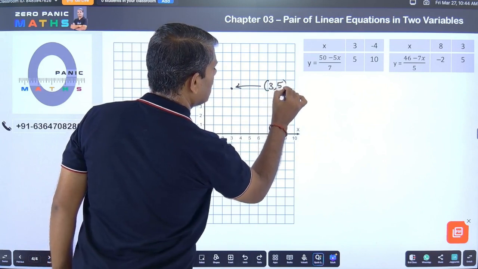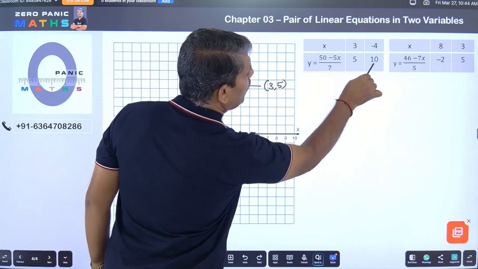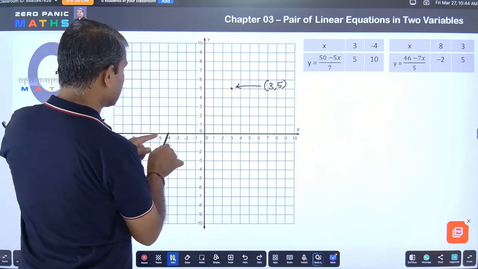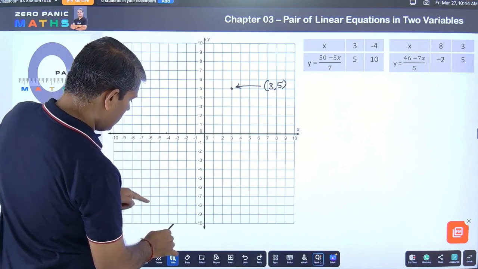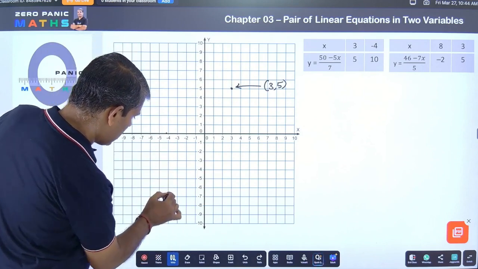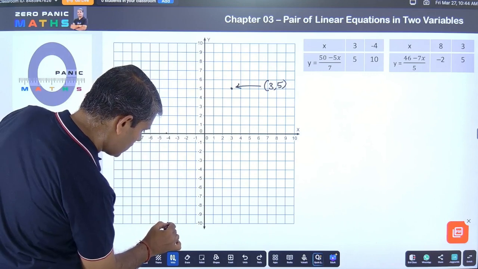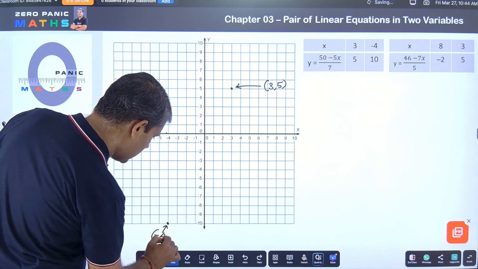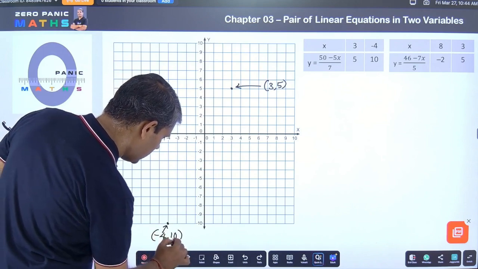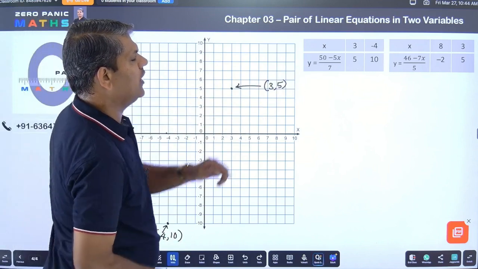Minus 4 and 10. Minus 4 is the x coordinate and my 10 is this. Okay, this is that point. Minus 4 and 10 is the second coordinate.